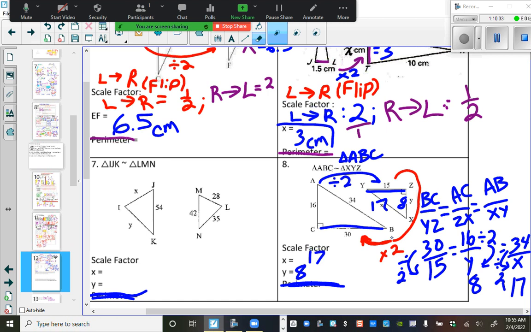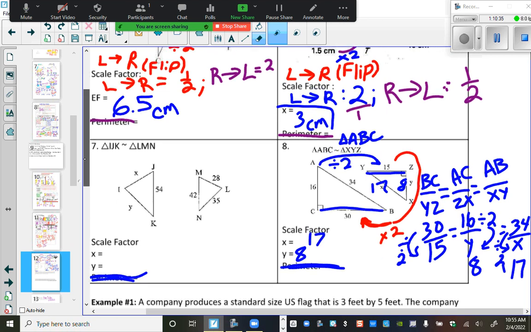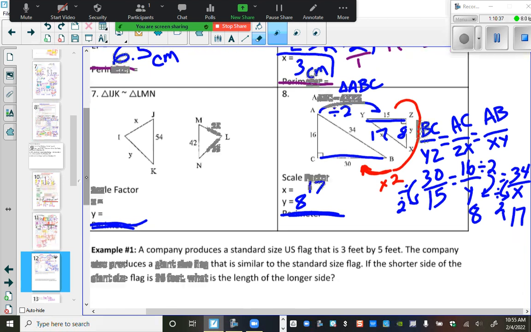Now this last one, real quick. I'm just gonna compare the sides.